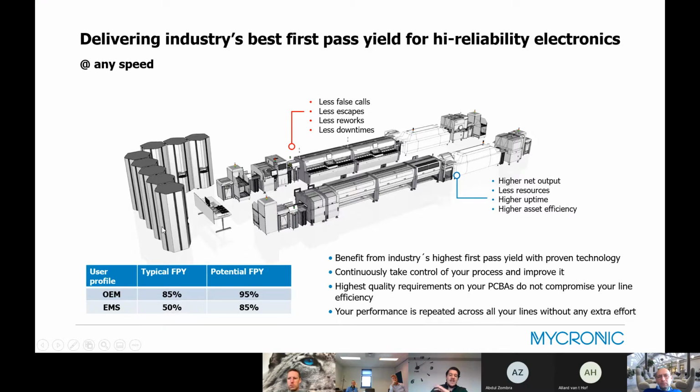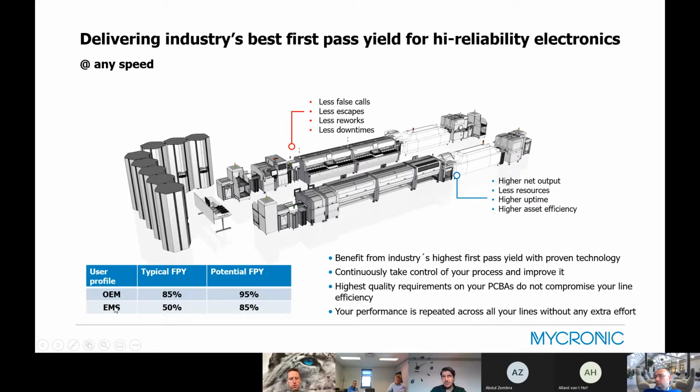And I would say, as Tuan maybe mentioned at the beginning, I'm more responsible for Europe. In Europe, but it's the same worldwide, a typical first pass yield of an OEM is around 85%. The potential we see is that you can go up to 95% or even higher in some cases, but this is more the average.